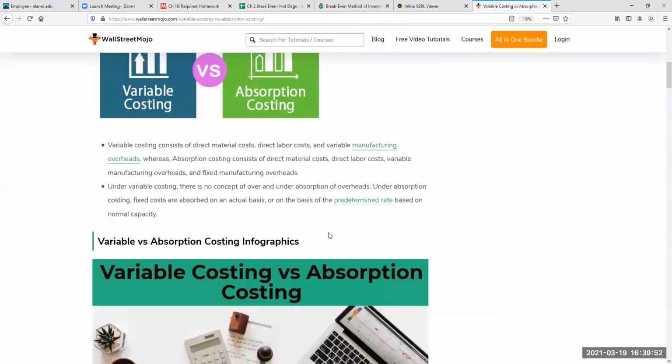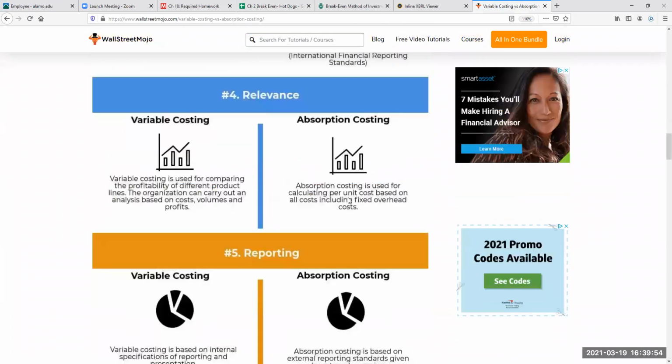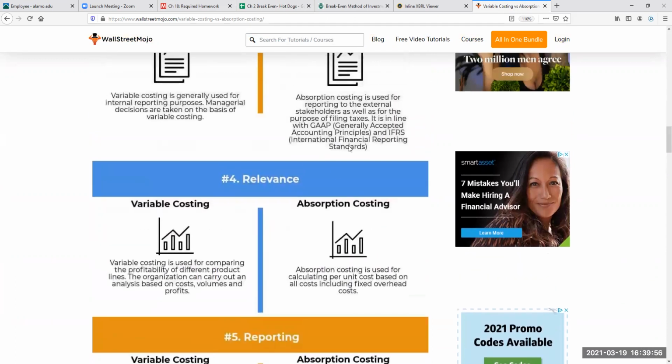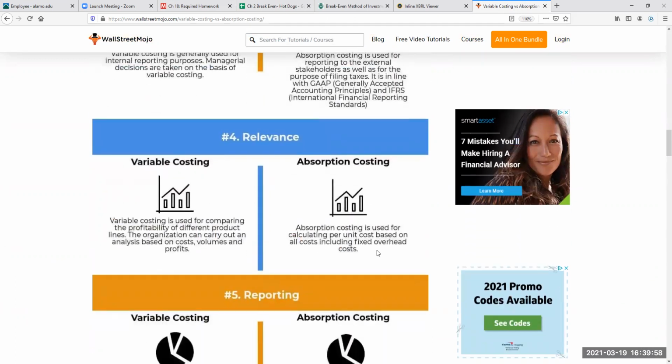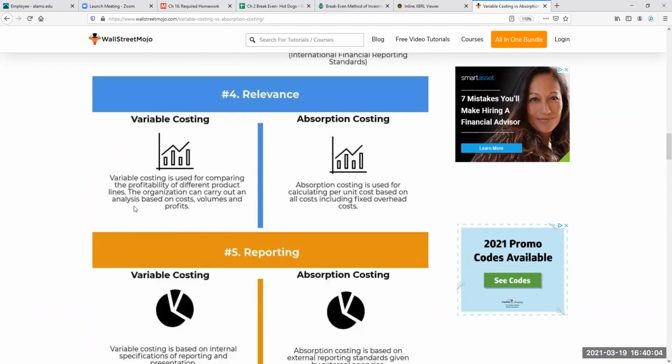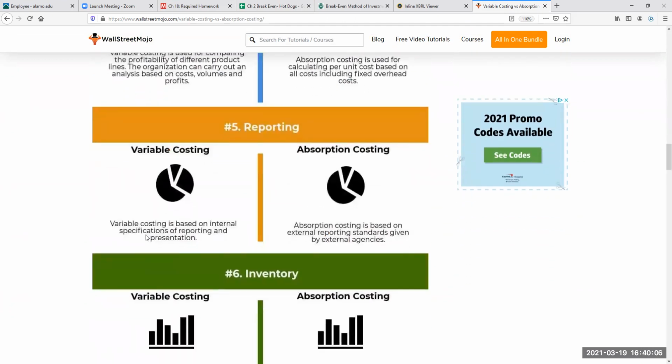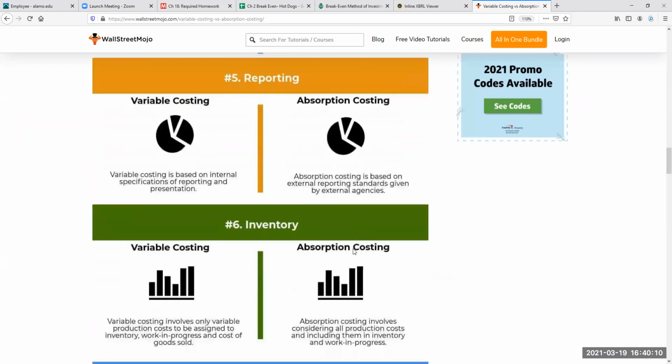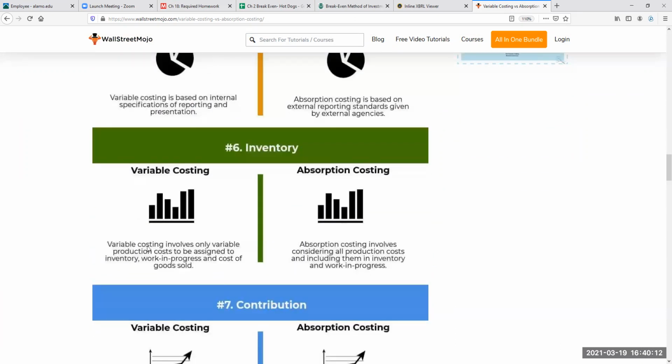All right, so now absorption is used for calculating per unit cost based on all costs. So take the cost divided by units, you got per unit. Variable costing is used for comparing the profitability of different product lines. Variable costing is based on internal specifications. Absorption costing is based on external reporting standards. Variable costing involves only the variable production cost to be assigned.